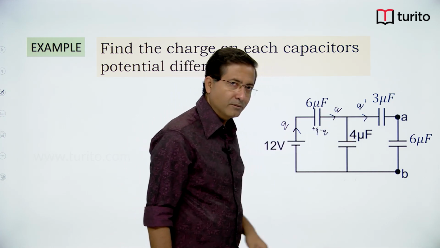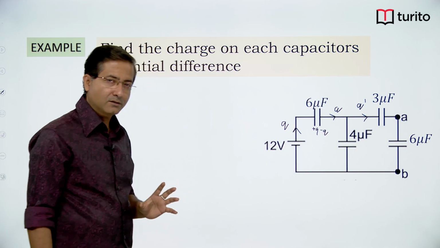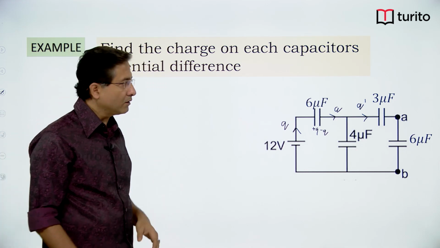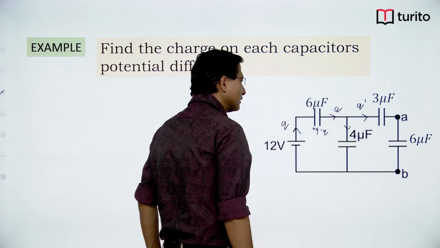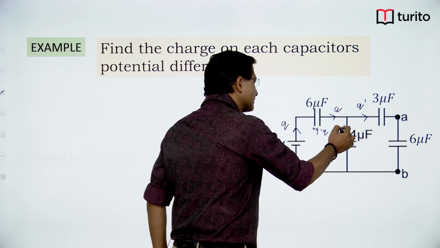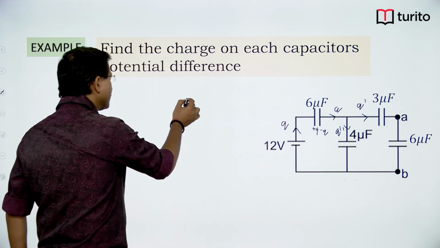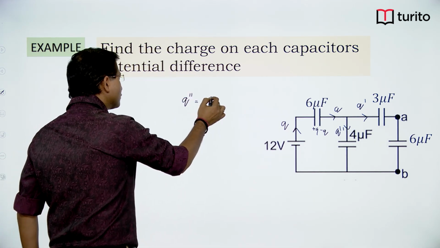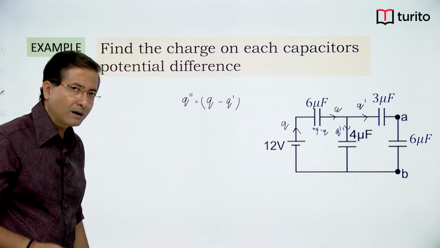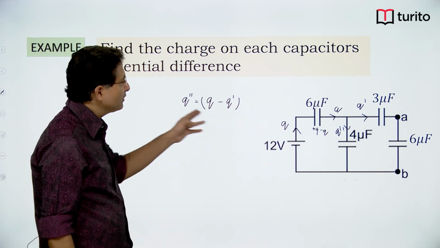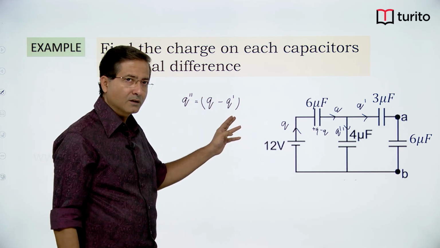The remaining, because charge has to be conserved, Kirchhoff's first law, the remaining one, that is Q double dash, will be equal to Q minus Q dash.